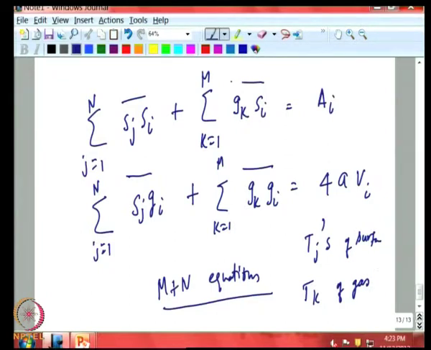So, you invert a matrix really to solve for all surface temperatures and the gas temperatures to get the full solution.